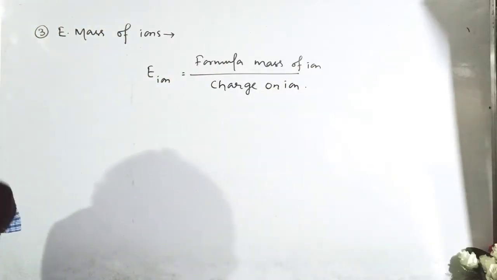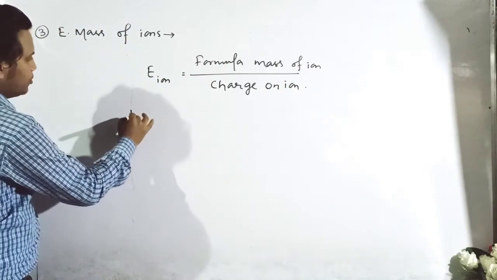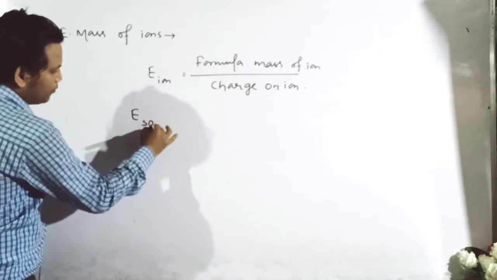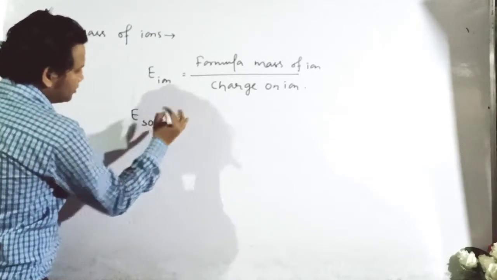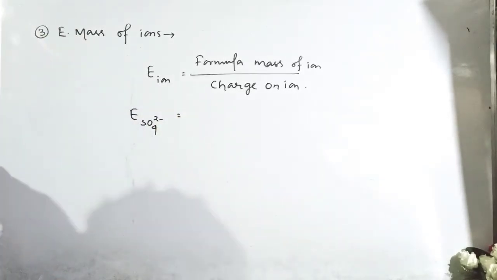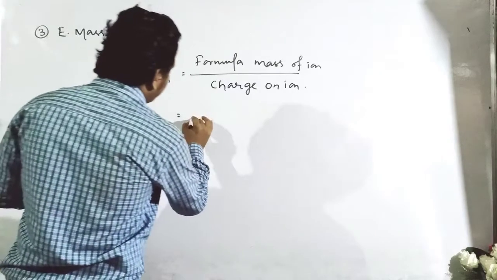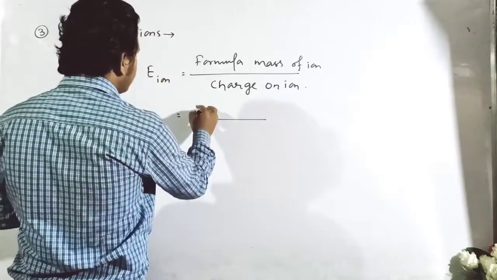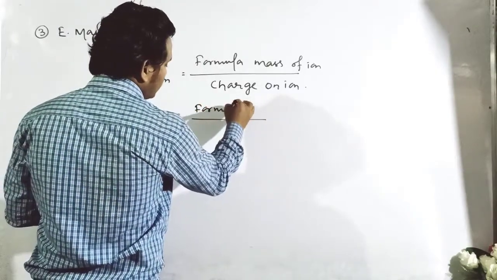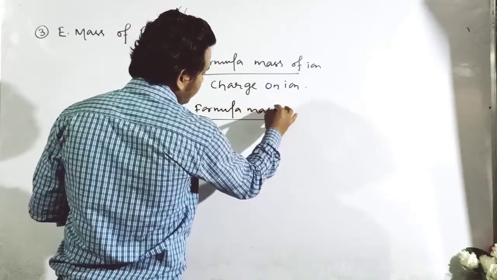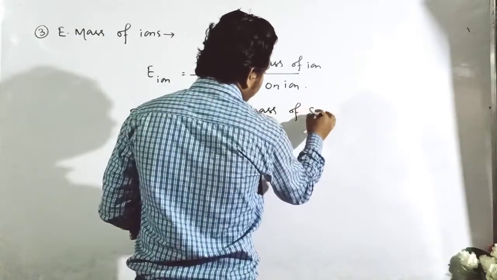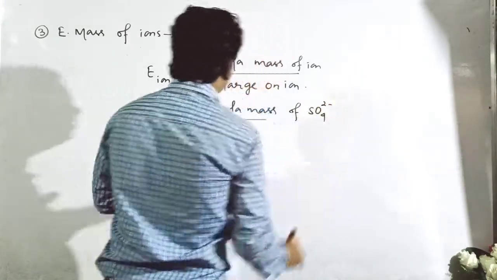Okay, let us take one example. Suppose we have to find the equivalent mass of sulfate ion. So what will be the formula? Formula mass of sulfate ion by charge on ion.